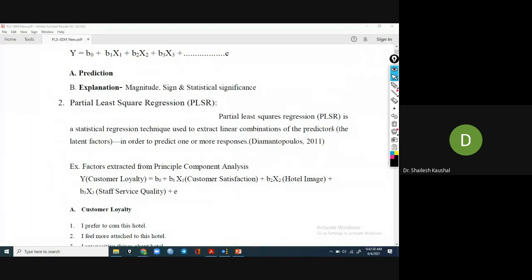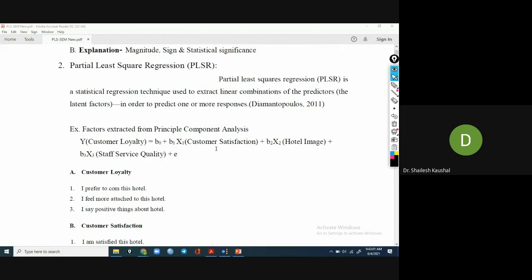Predictors here means the latent factors, like in exploratory factor analysis. It extracts linear combinations of the predictors in order to predict one or more responses.